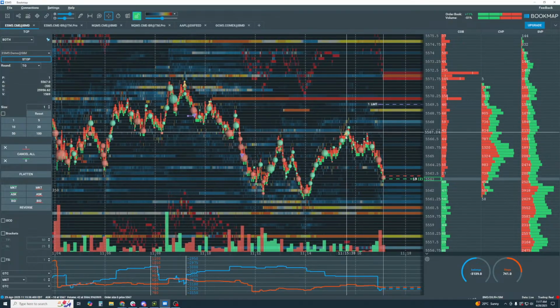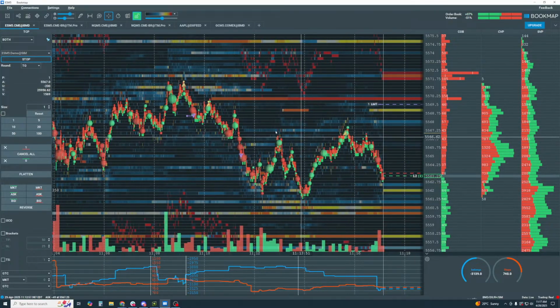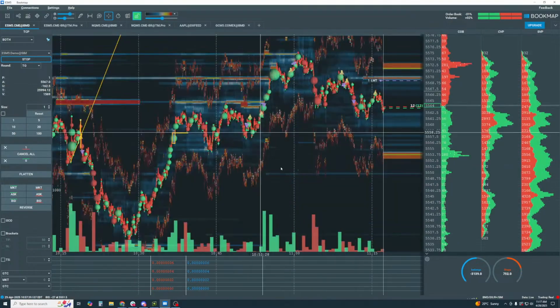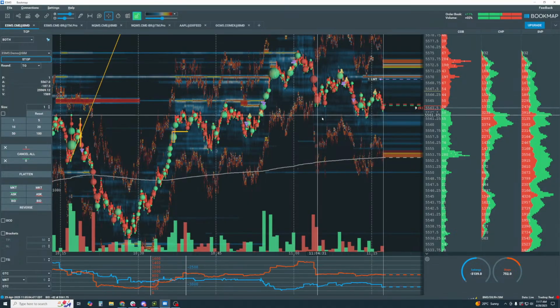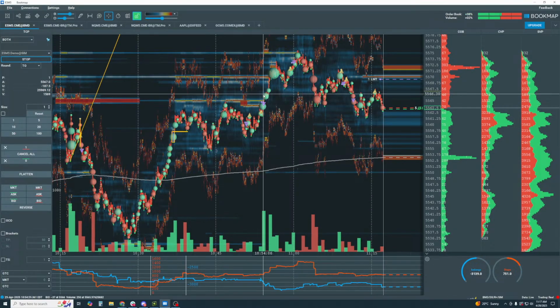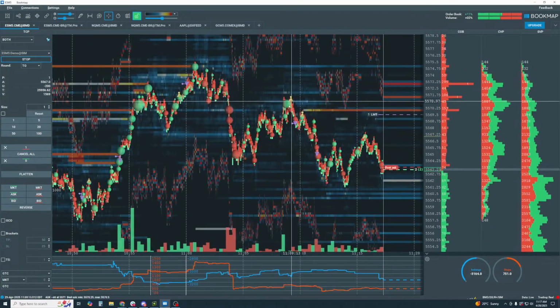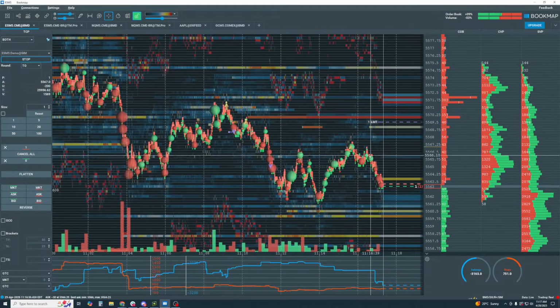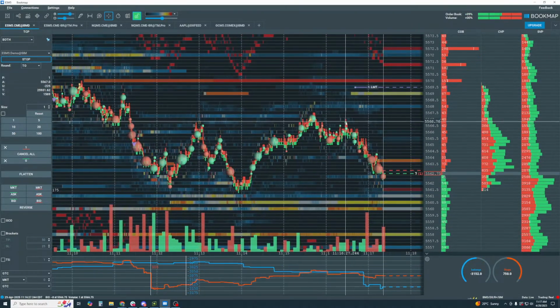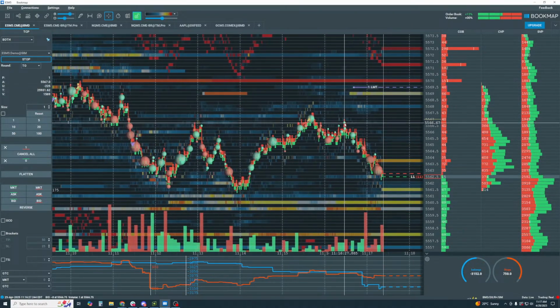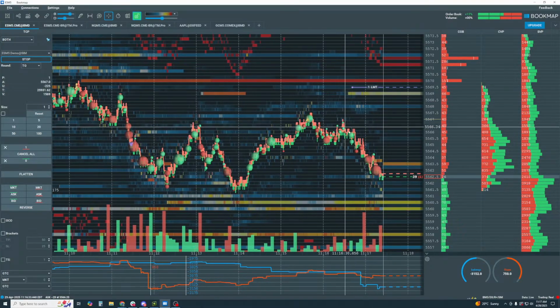Interesting behavior. We're not quite seeing it like we saw before, where that incremental buying really was starting to move. We saw it in some of these areas, but up here we don't get it. This is not what we've seen the last few days. This is a little different now.